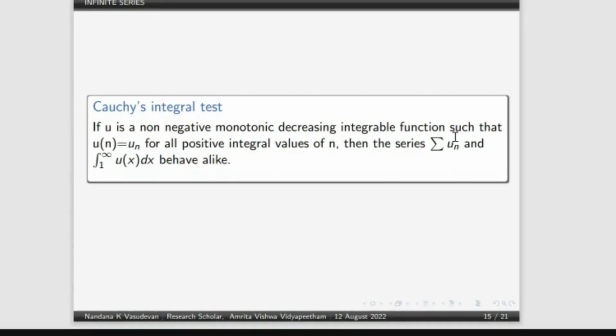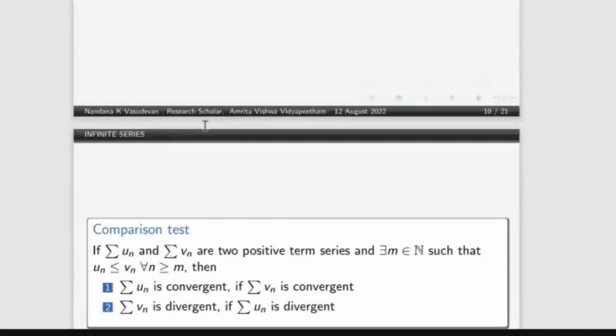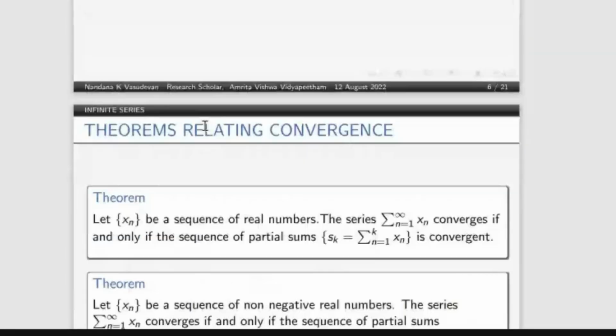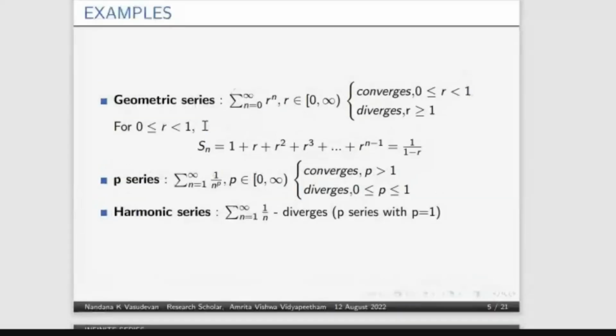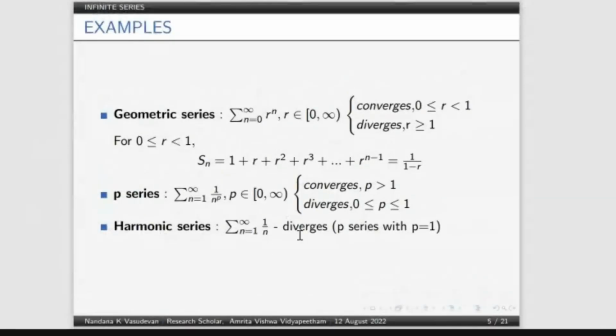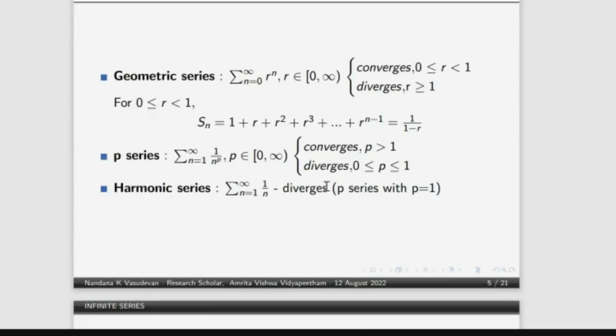Which means the series is convergent if this integral value is finite, and it is divergent in the other case. Actually, when we were talking about convergence in these examples, the P series, harmonic series and so on, the proof is given using this Cauchy's integral test.